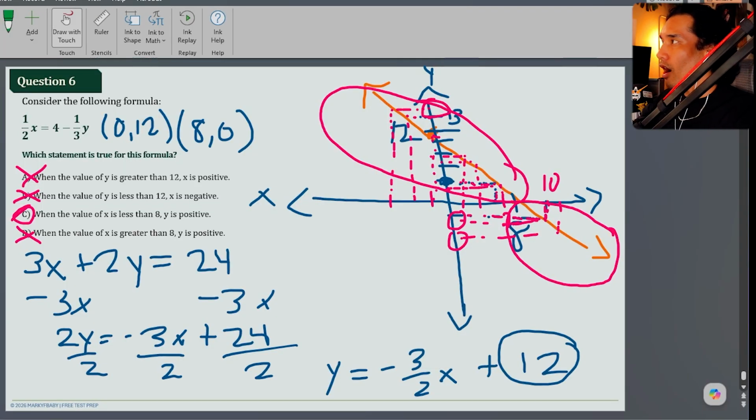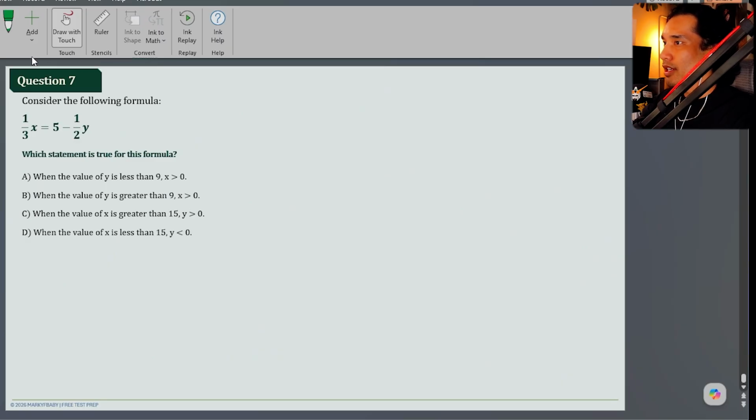So let's move on to question number 7, which I will not do. Over here, I have this equation. What I want you to do is to clear the fraction. After that, I want you to plug in 0 for x and 0 for y. Doing that will give you the x and y intercepts. And then I want you to sketch a graph.